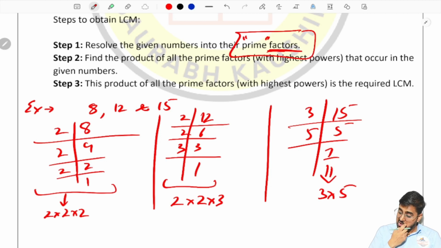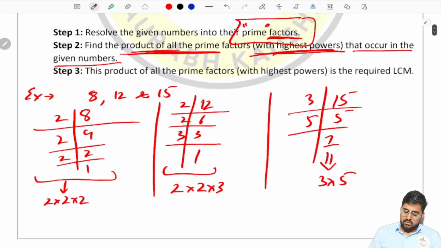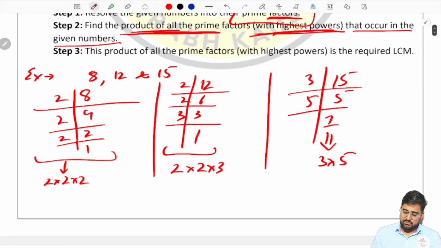Okay. Now, step 2 says find the product of all prime numbers with the highest powers that occur in the numbers. So they want us to make a product of all the prime numbers which have the highest power. Let's simplify this. We have 2 into 2 into 2.